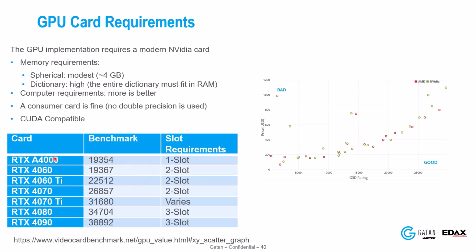So this first card here, the A4000, stands out because it's a single slot card. So when we want to put a card in the EDAX analyzer, we're more space limited. So this is the card that we generally will put into an EDAX analyzer if you want to do this on the microscope PC. These are all 2 slot or even 3 slot cards for higher benchmark performance.